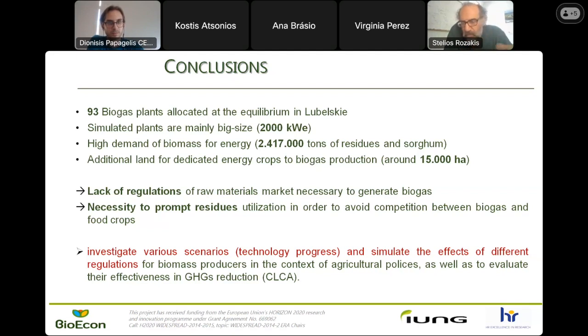And because also the agricultural component is separate, we can simulate different regulations, so agricultural policies, for instance, or policies that support bioeconomy development.